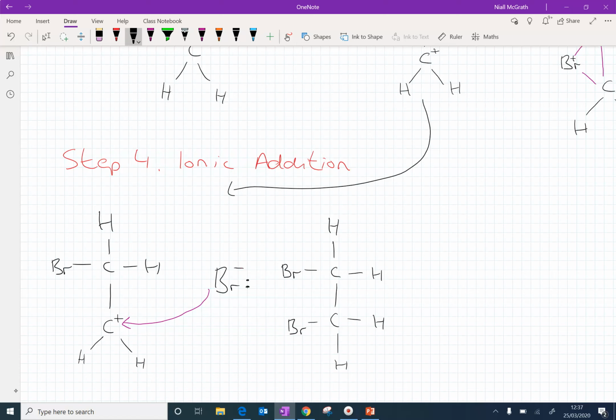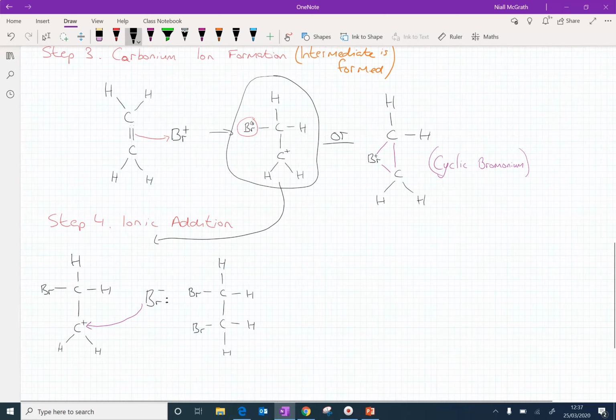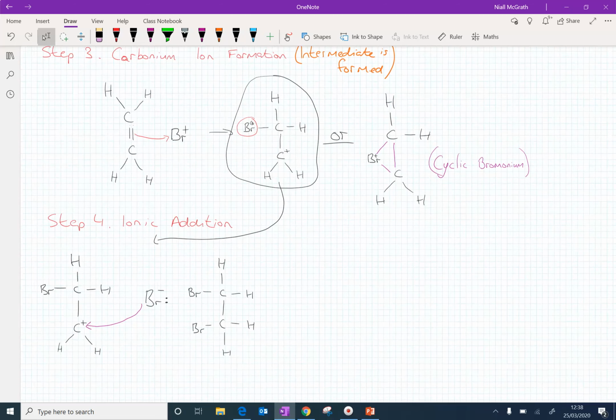The formation of these products is evidence for the existence of that carbonium ion. So this structure here. Okay, so that is how that happens for bromine.